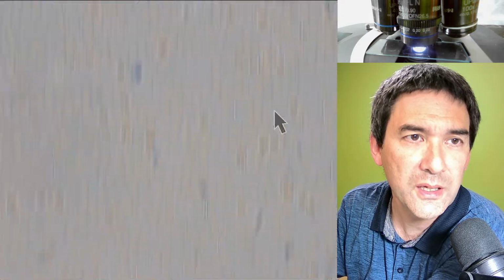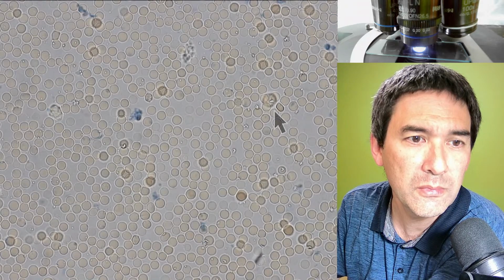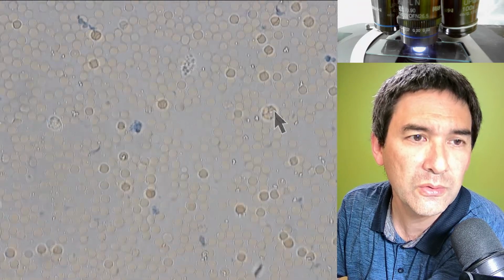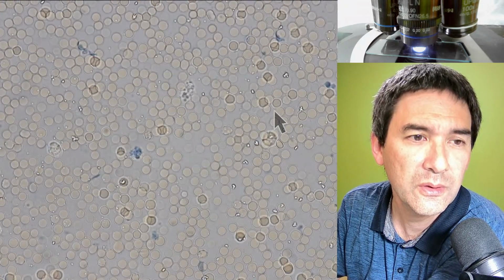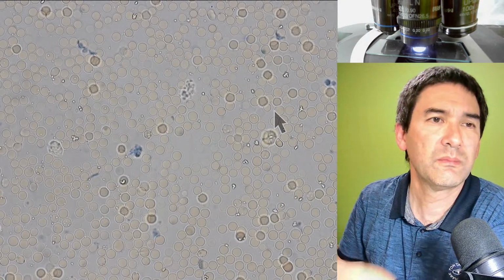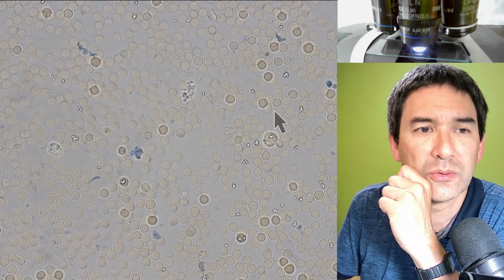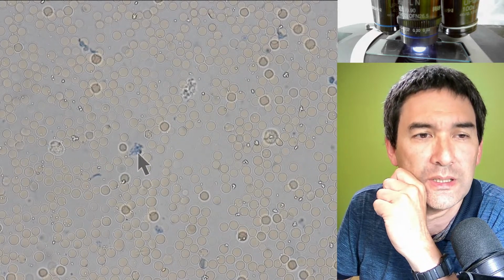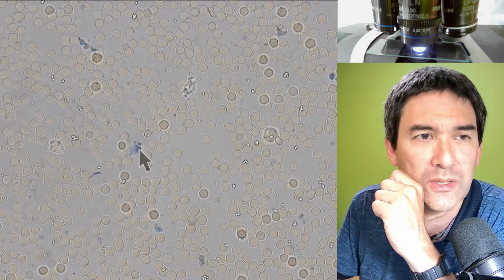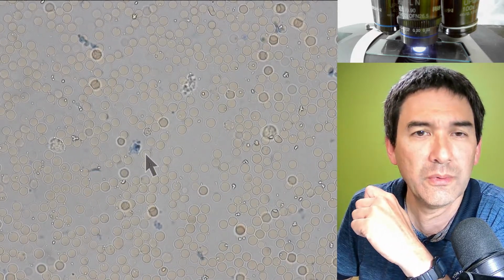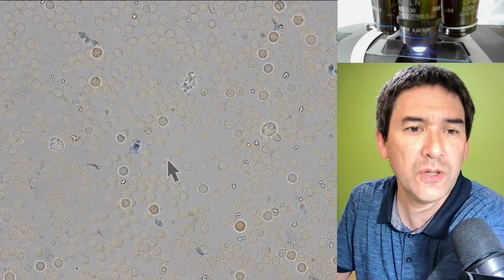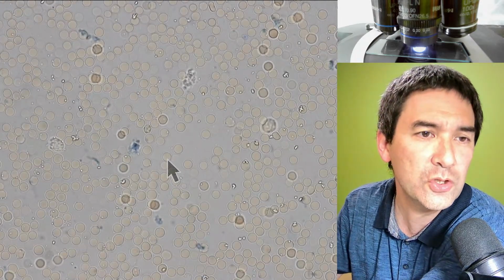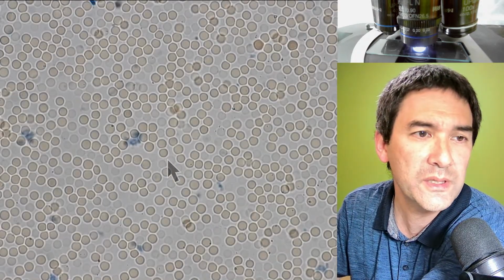I don't know if this is one or not. You see, individual cases really don't count a lot. It could be any other contaminant. You have to see them more often to actually be sure that they are white blood cells.